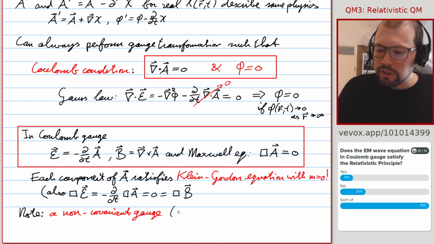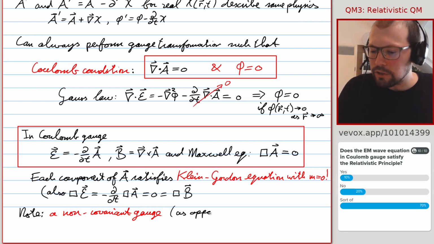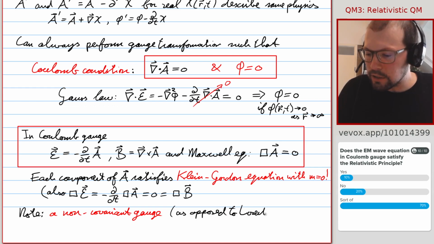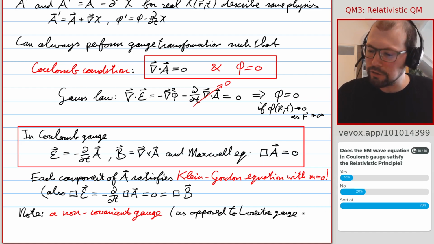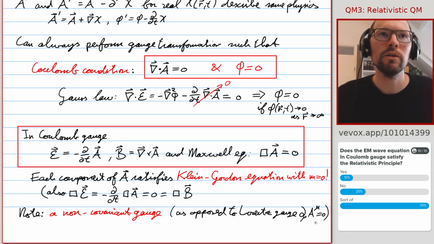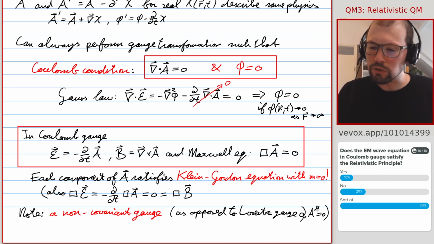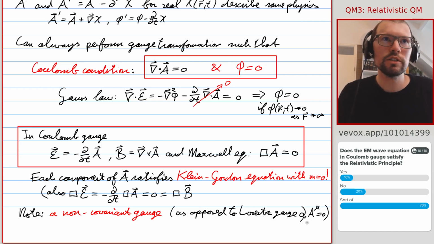We could also have used a different gauge, say, the Lorentz gauge, that just requires that the 4-divergence vanishes. Note that this is also true in the Coulomb condition. So the Coulomb condition is really a stronger gauge condition than the Lorentz gauge.